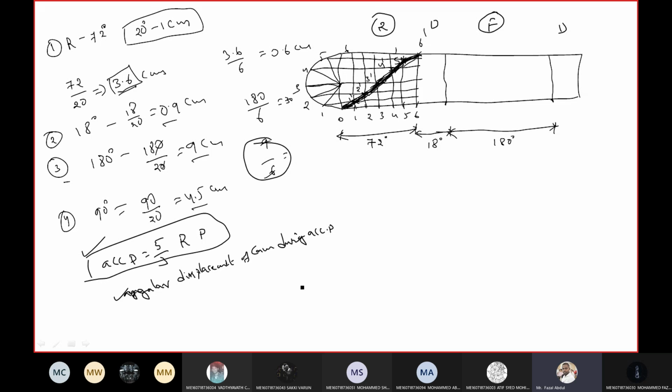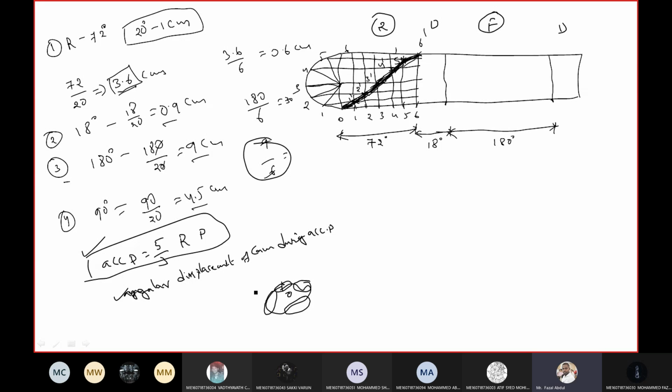Suppose the cam is like this. At this time what happens? Sometimes it is going to fall down during this period. During this period, the follower is going to rise. During this period, the follower is going to fall down. In these situations, you come across such a type of problem.